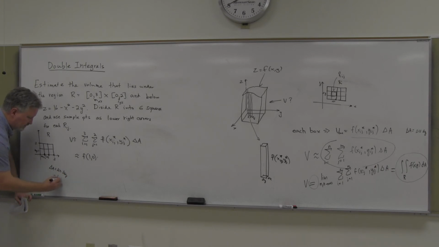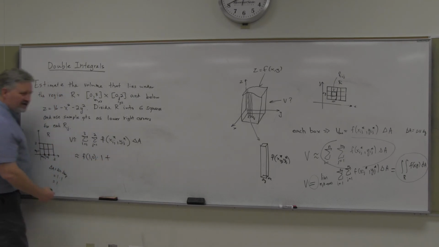So that's just 1 times 1, which is 1. The delta A's are always 1. I don't know if that's the case in the homework, but in this particular case it is. It's just delta x times delta y, whatever that turns out to be.